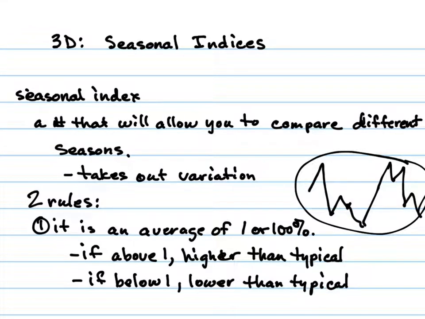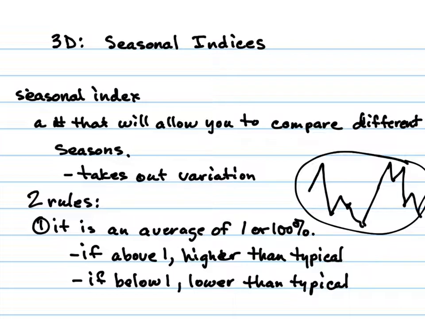Now remember, we'll do examples of these in class together, so don't panic. You just need to remember that it's an average of 1. And therefore, if it's above 1, that means you have a higher seasonal index. There's something happening that's causing it to be increased. Or if it's below 1, then it's lower than the typical season. So keep in mind that number of 1.